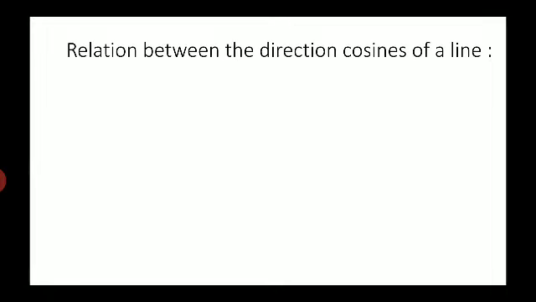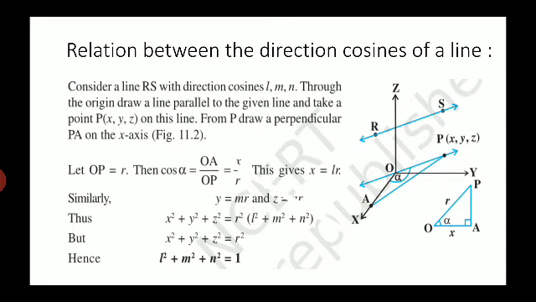Now, we'll establish the relationship between the direction cosines of a line. For this, we'll consider a line RS with direction cosines l, m, n. Through the origin, draw a line parallel to the given line and take a point P(x, y, z) on the line.